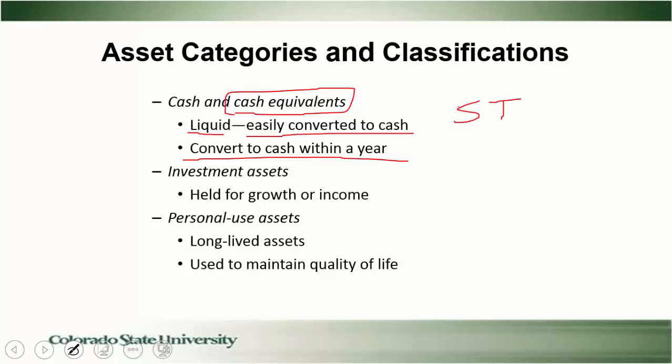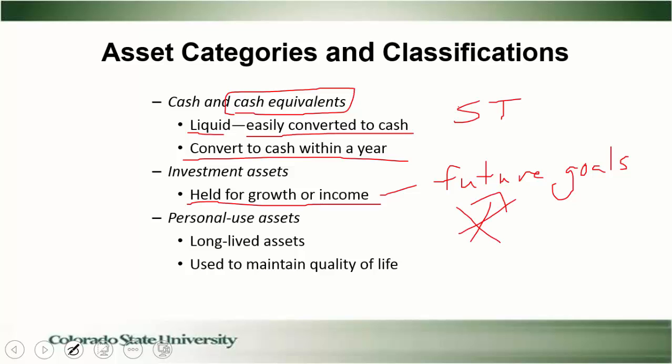We next have our investment assets. Those are assets that are held for growth or income and designed really to satisfy future goals. So these are the investment areas, or the assets that we hopefully will accumulate so that we can satisfy goals for the future. And then we have a section called personal use assets, which are definitely assets, but they're not seen to be available to fund these future goals.